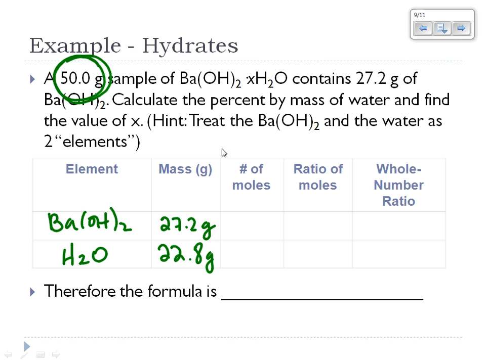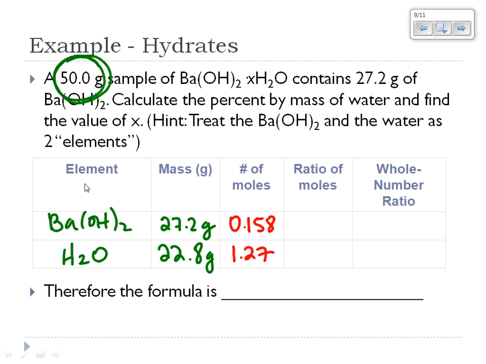Now I have to divide by the molar mass to get to the number of moles. So I divide by the molar mass of my entire barium hydroxide. Hopefully that's easy for you. You should get 0.158. If you're not getting that, come and see me in class. And then if I take 22.8 divided by the molar mass for water, I get 1.27.